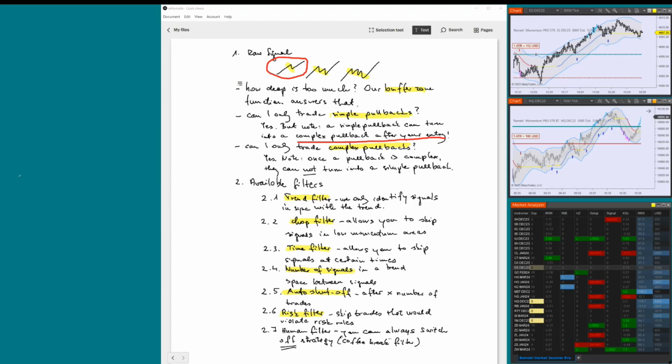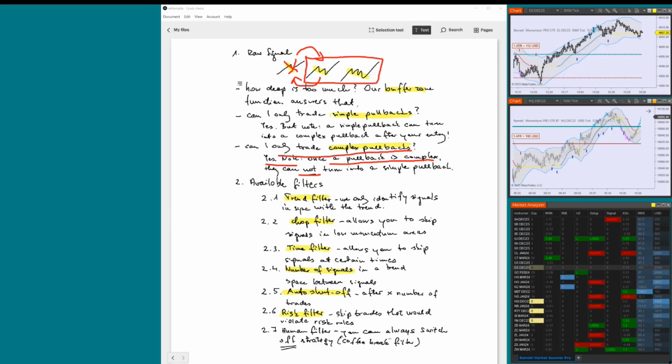Now let's think about the other situation. Is it possible to only trade the complex pullbacks? And actually, many traders choose to do that. It saves a lot of headaches to the trader, because then look at this. Can I only trade complex pullbacks? And the answer is yes, you can. And something important we need to realize here is that once a pullback is complex, it cannot turn back into a simple pullback.